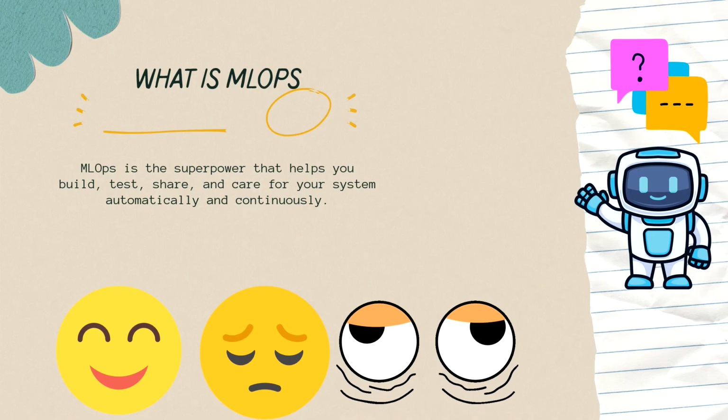And we shall start with the introduction to MLOps. Before diving deep into the concepts, we should know what it is exactly. So imagine you built a robot that can guess your mood by just looking at your face, like whether happy, sad, or sleepy.